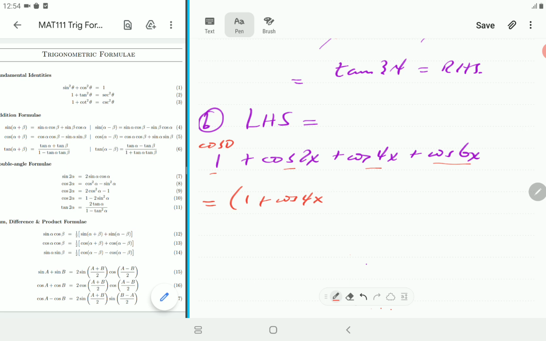goes with cosine 4x, and then cosine 2x goes with cosine 6x.